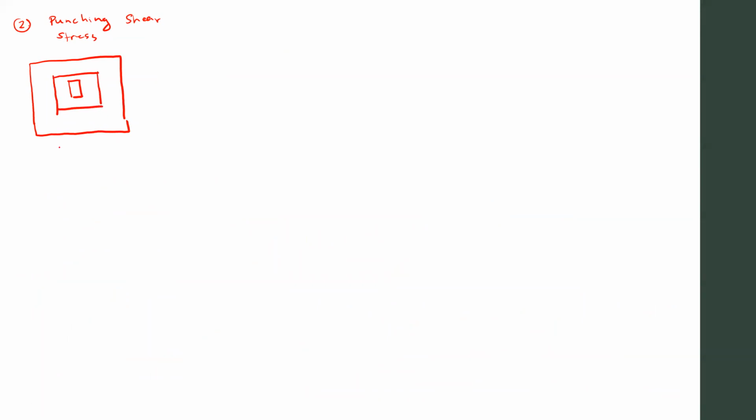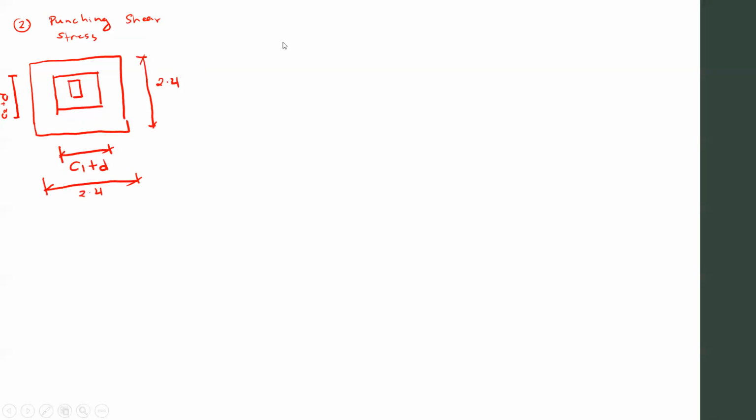And this distance is C1 plus d/2 plus d/2, that is C1 plus D. And this side is C2 plus D. Okay. And again, this length is your 2.4 meters and this length is your 2.4 meters.